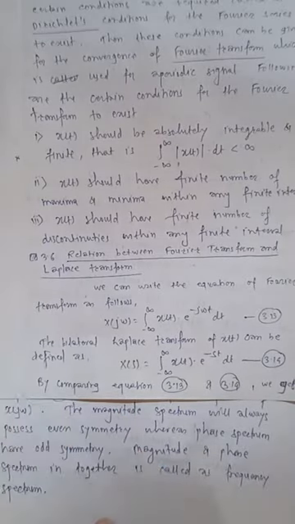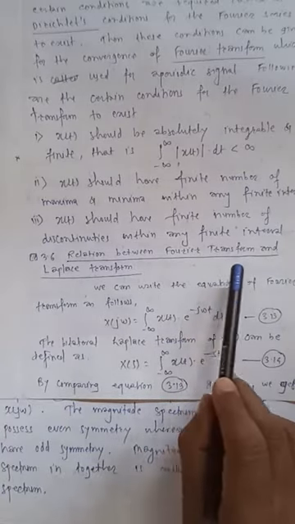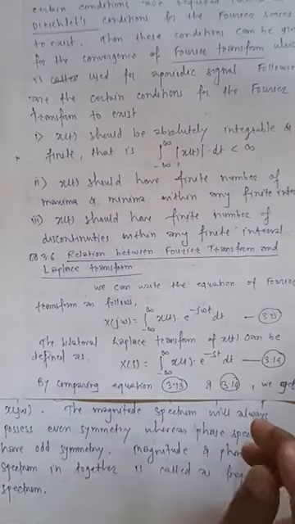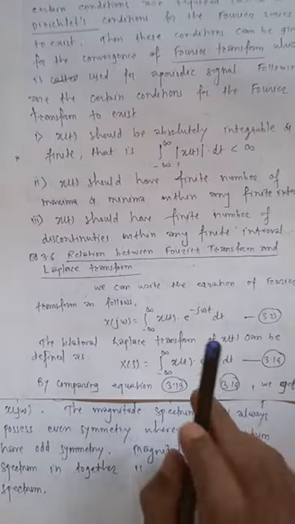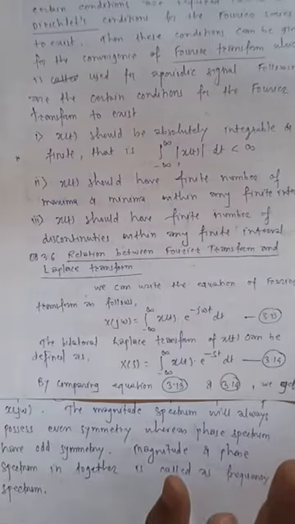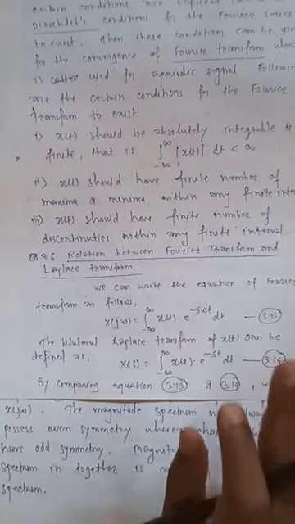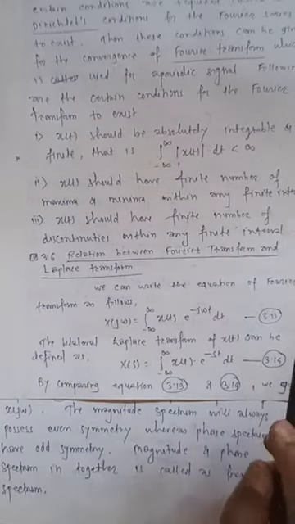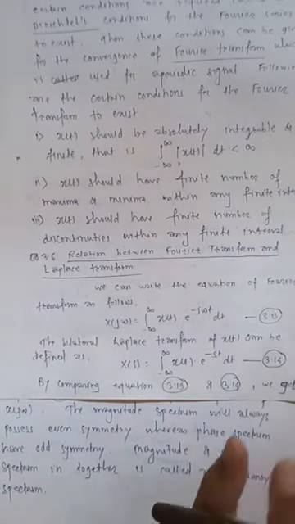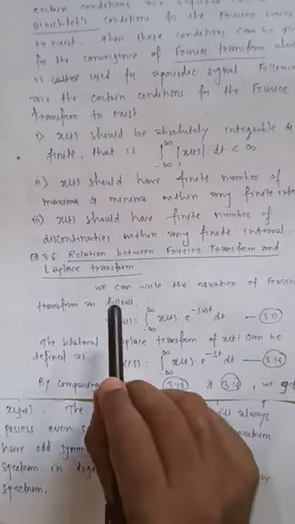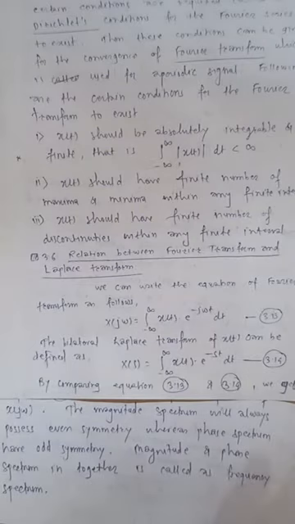We'll first see the relationship between the Fourier transform and the Laplace transform. The Laplace transform is also a tool used for representing a continuous time signal in the transform domain.